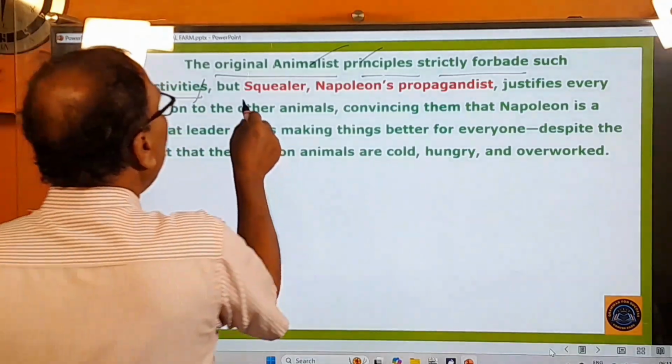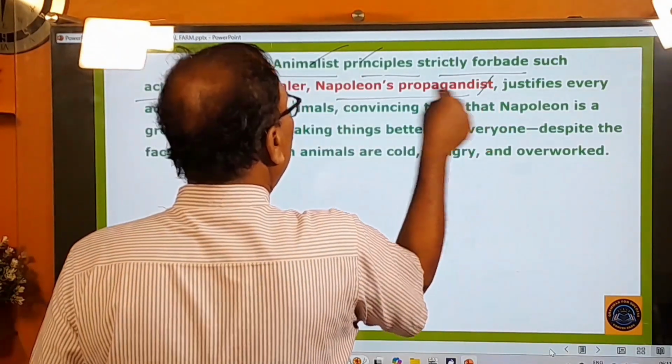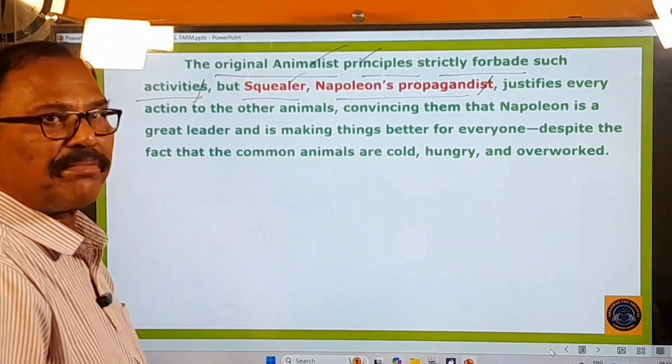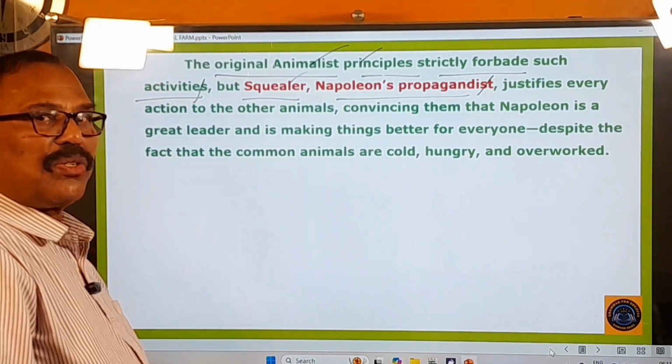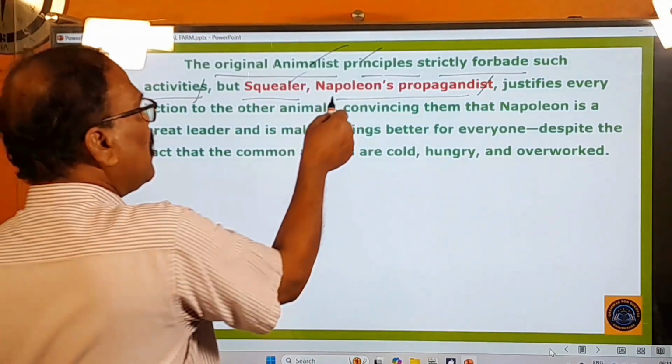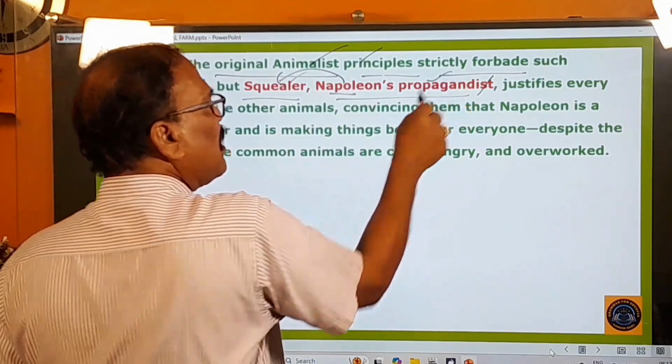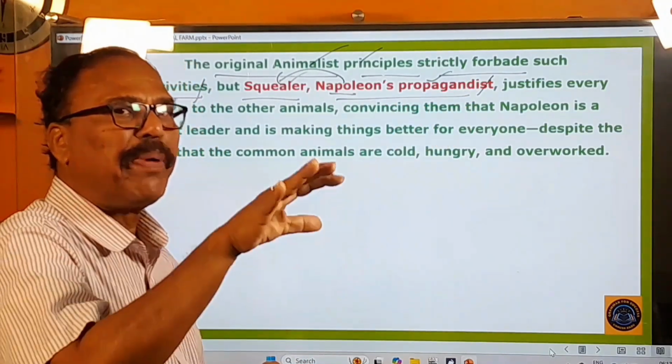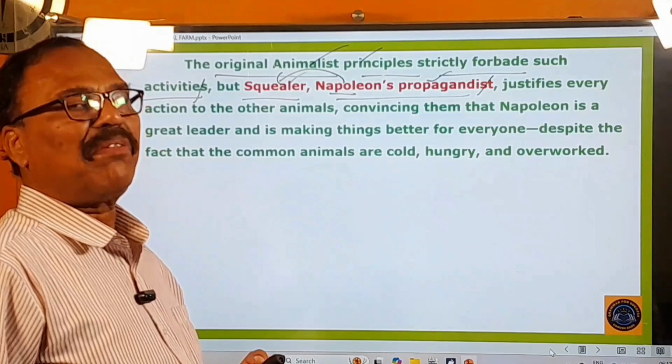But Squealer, Napoleon's propagandist. Squealer is also a pig, the assistant of Napoleon. He is the propagandist. Propagandist means the spreader of misinformation, false information.